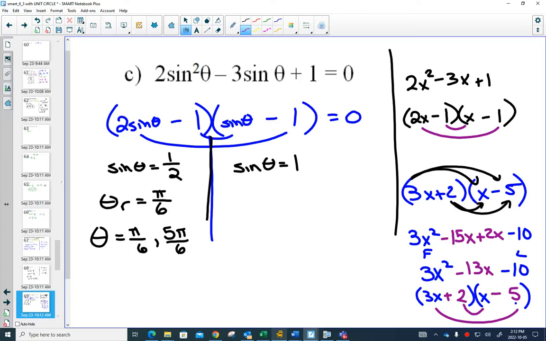Second one, is your y-coordinate ever 1? It's axis family, right? So you don't have to do a reference angle. You can just go and write the answer down.